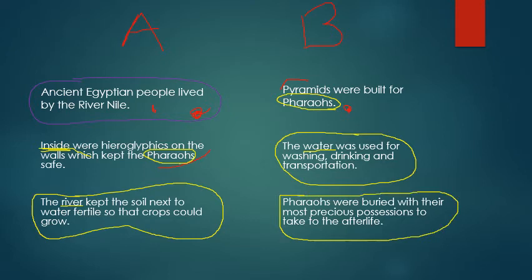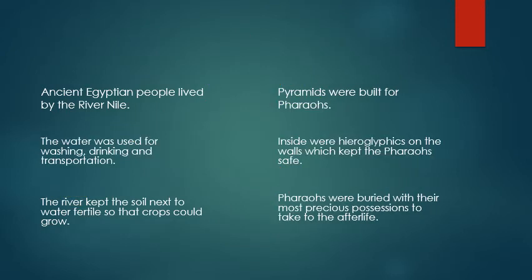So what I want you to do is just pause the video now, and you should make 2 lists. You can either write these down or just chat or just think in your head which sentences are grouped together. So you should have group A and group B. Okay, over here in group A, we have ancient Egyptian people lived by the River Nile.